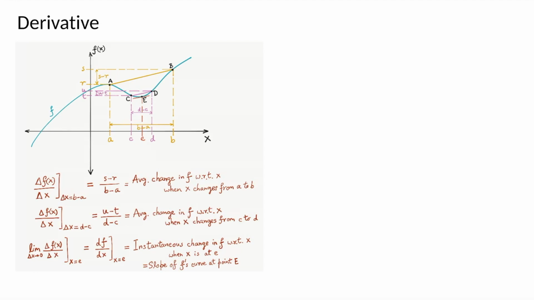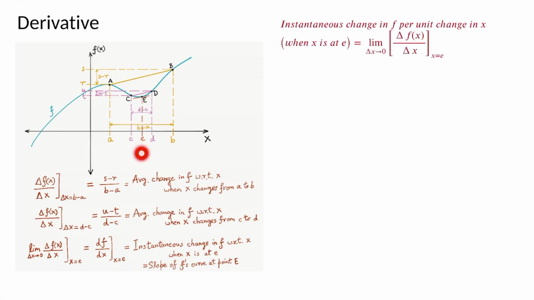And what do we mean by instantaneous change? What we mean is that when x changes infinitesimally around e, infinitesimally implies very small change in x, then what is the small change in f per unit change in x at that point e, right? That is how we define the derivative.